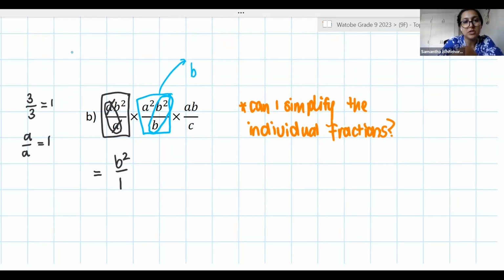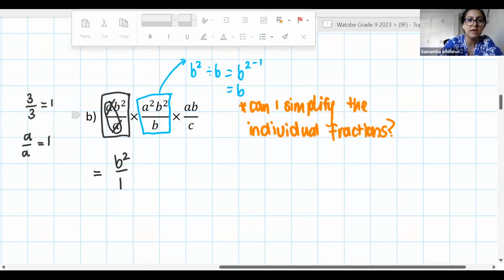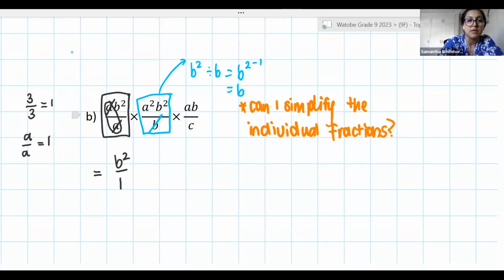B squared divided by B would mean that B is to the power 2 minus 1, and so we actually just have B here. Alternatively, think about your cross cancelling. My 1B at the bottom can cancel with 1B at the top. And so what I'm left with in my second fraction is A squared B over 1.